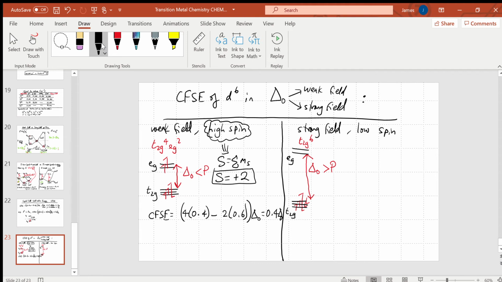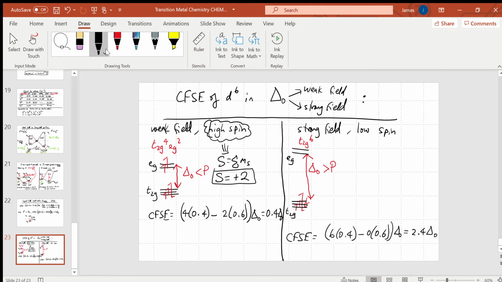And here, if I did my CFSE, my crystal field stabilization energy, I've got 6 0.4s, I've got no 0.6s, multiples of delta O, so that's 2.4 delta O. So a lot more crystal field stabilization energy for the strong field d6 complex.